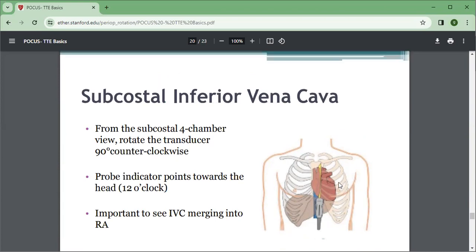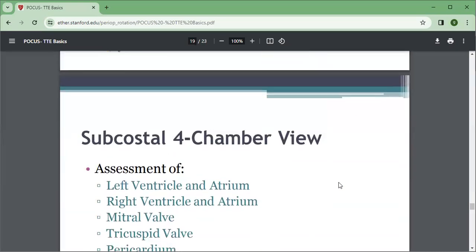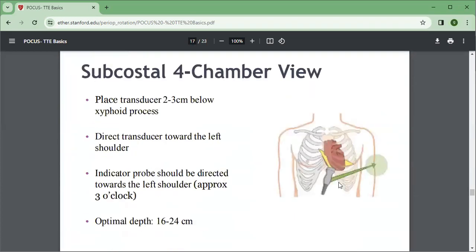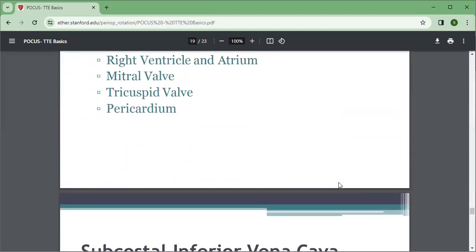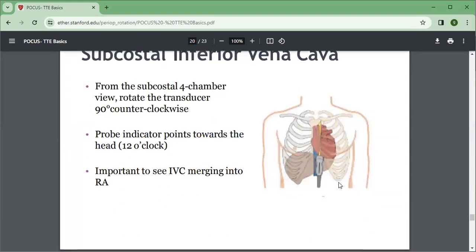From the subcostal four chamber view, you rotate the probe 90 degrees clockwise so that it faces along the sternum. The probe will indicate towards the 12 o'clock, and it is important to see the inferior vena cava merging into the right atrium.